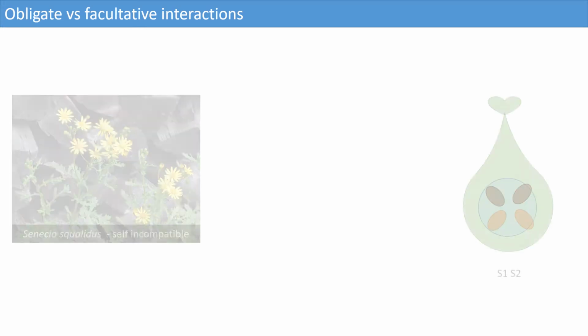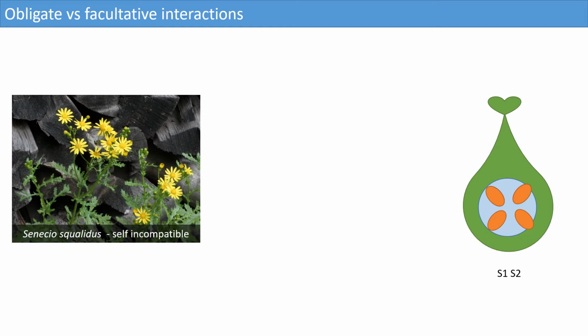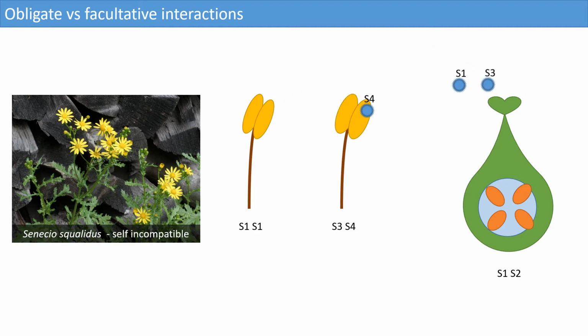I have another example about obligate and facultative interaction, which involves the reproduction of plants, my favorite topic. Senecio scolitus is a self-incompatible plant, which means that the cells in its pistil express a self-incompatibility locus, which can recognize the self-incompatibility alleles of the pollen.